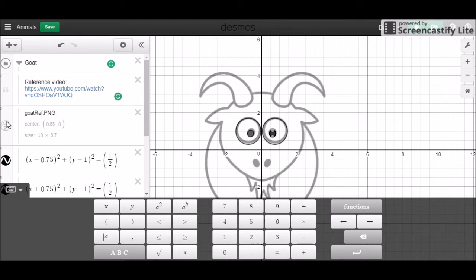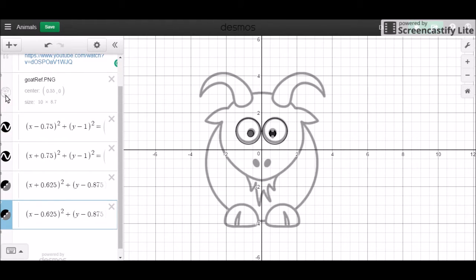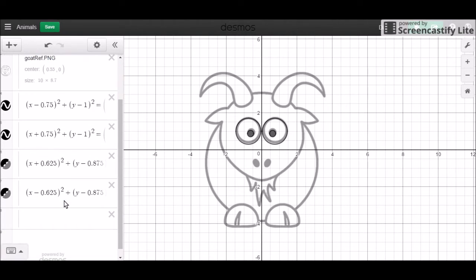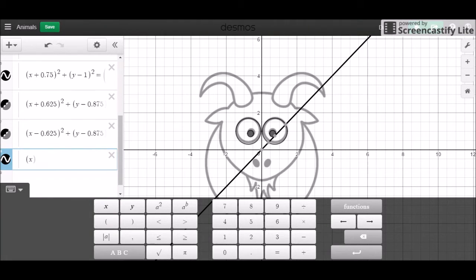All right, and we can have a look at what we have so far. So far, it's looking good. The other equation that we'll need coloring for would be these nostrils right here. I can use this equation, x squared.